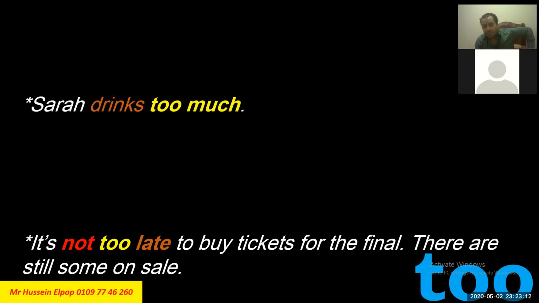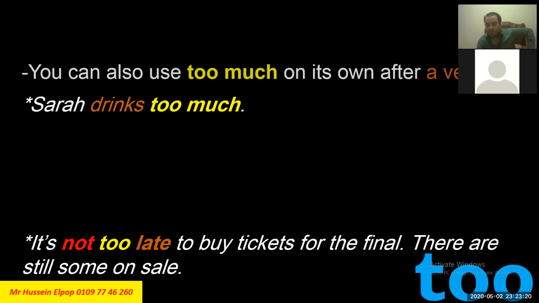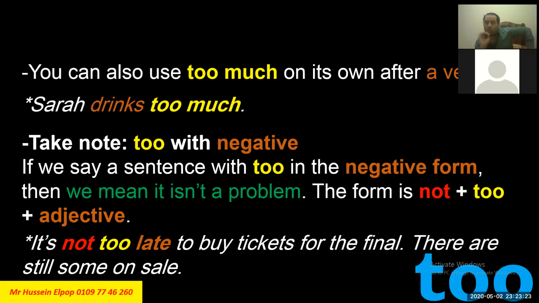So it's not too late to buy tickets for the final. So it's early. We still have time to buy tickets. So you use not with too to indicate that you still have time to do this. And of course, needless to say, too late to buy.